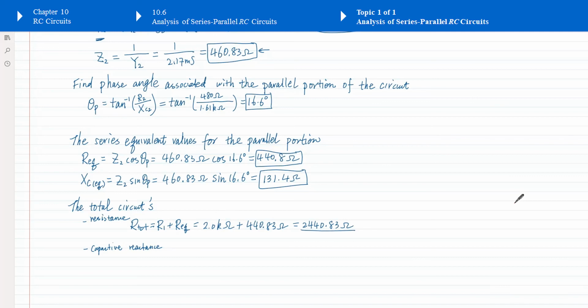The total capacitive reactance is XC1 plus the capacitive reactance portion from the parallel circuit, XC equivalent. XC1 is 106.1 ohm and XC equivalent is 131.4 ohm. Adding them up is 237.5 ohm.